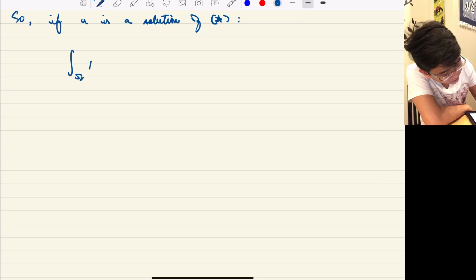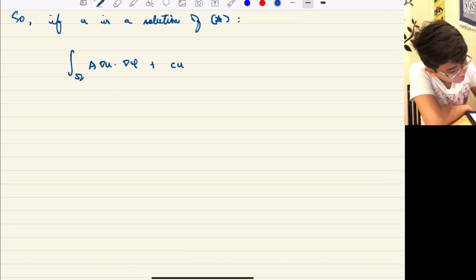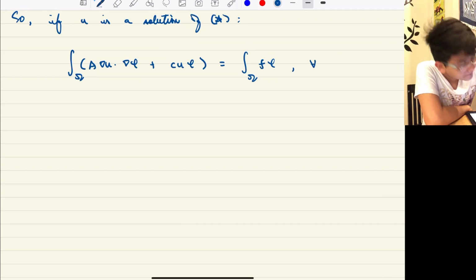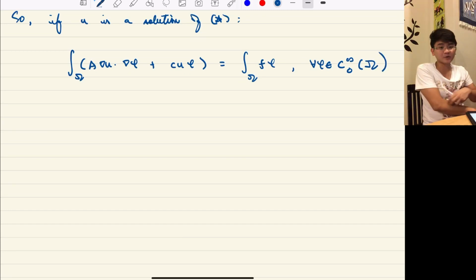Integral over omega of a grad u dot grad phi plus c u phi is equal to integral over omega of f phi. Okay, so for every phi that is infinitely differentiable with compact support in omega.